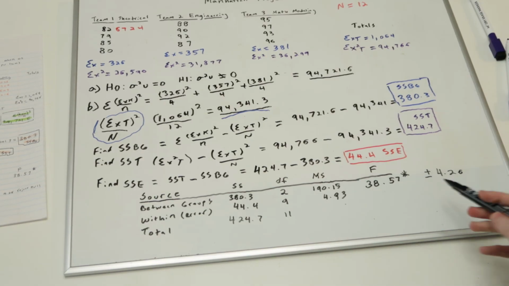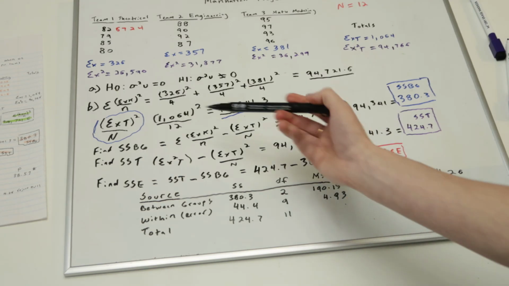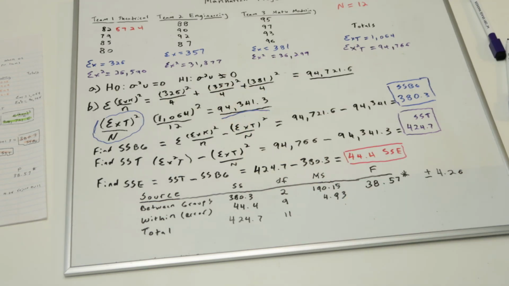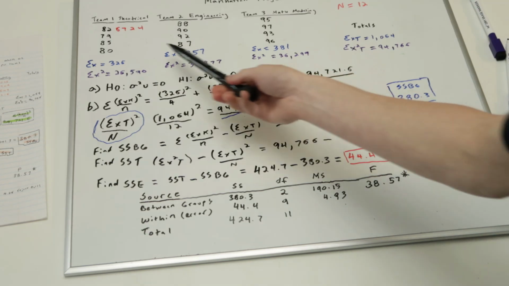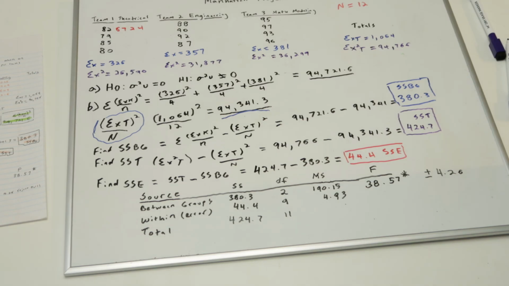And so it exceeds that. So we can now reject the null hypothesis that all the groups are the same in how they scored on these nuclear fission calculations.